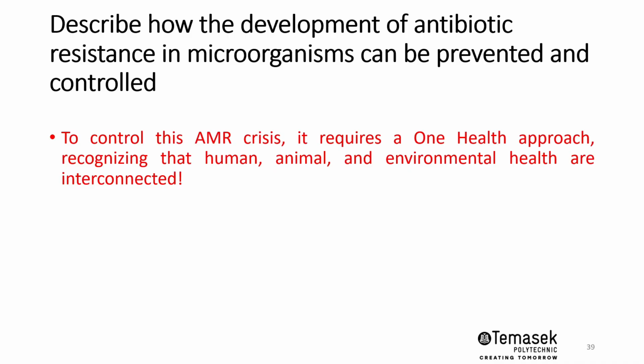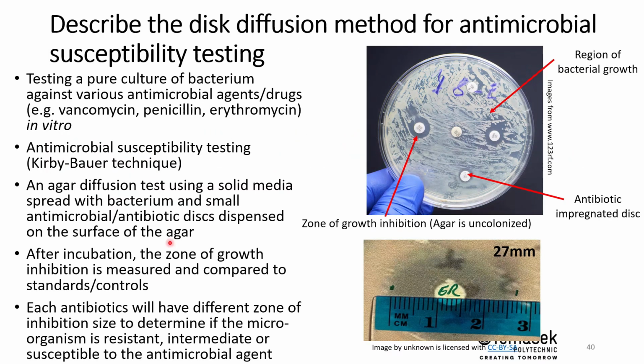So we have discussed in detail how antimicrobial resistance can come about. However, how do we know which antimicrobial agents or antibiotics are showing resistance or susceptibility against the various bacterial microorganisms? Typically in the clinical microbiology lab, we use a technique known as antimicrobial susceptibility testing, also known as the Kirby-Bauer technique.